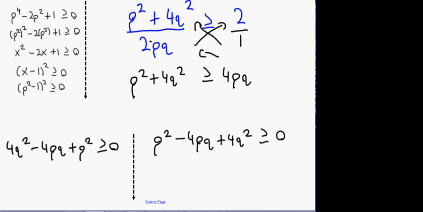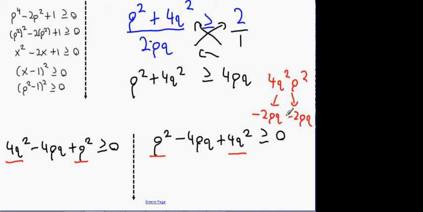Okay, so let's start off with our reference number. This time for these ones, our reference number is all of the front multiplied by all of the back. What is our reference number? Can anybody tell me? 4q squared, p squared. q squared p squared, and we want to break these up into two numbers that multiply to get that, but add together to give you this. It's going to be minus 2pq minus 2pq.